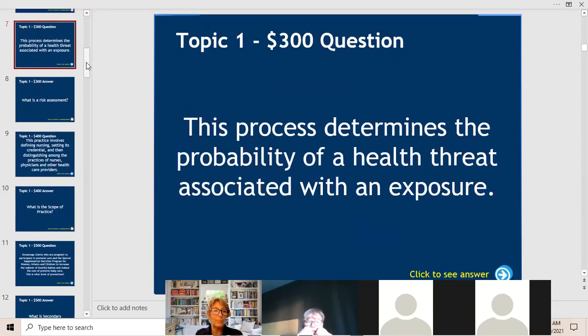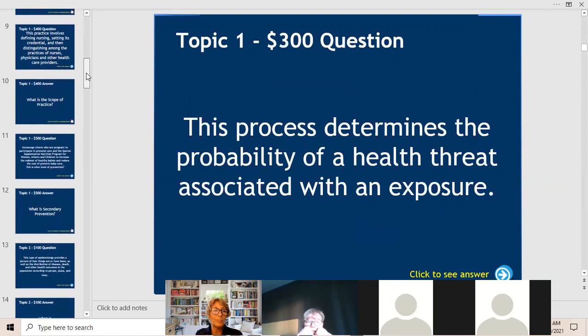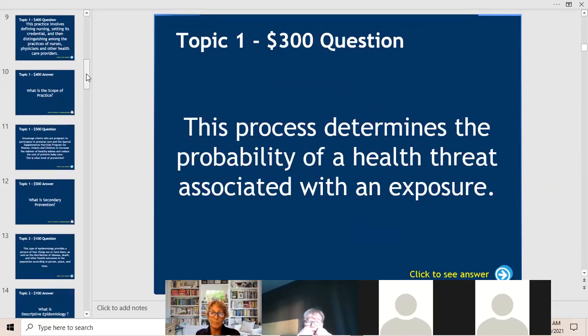How about this one? Just think of the definition. What's the process that determines the probability that something's going to happen? What is assessment? No. The probability that something's going to happen.